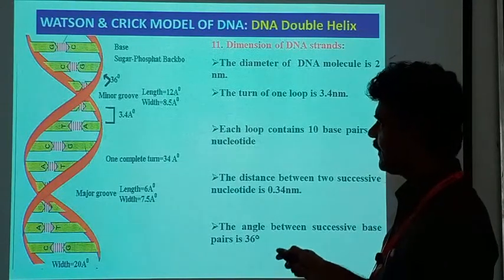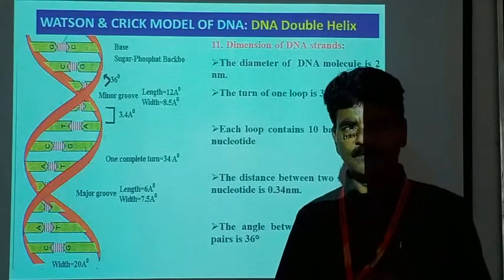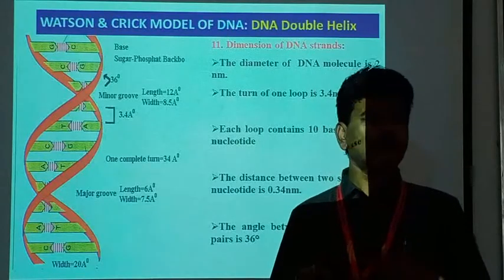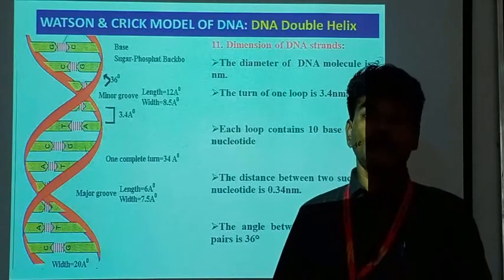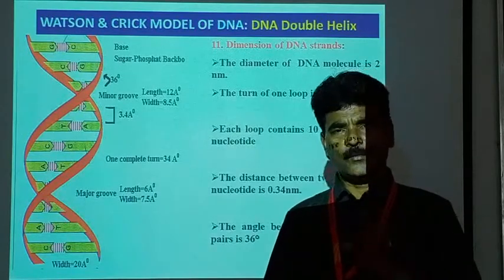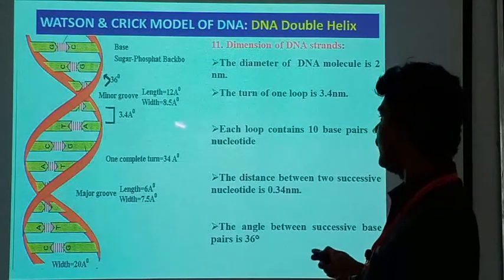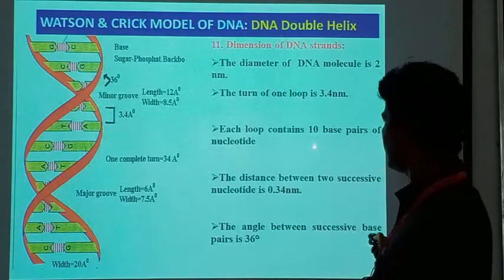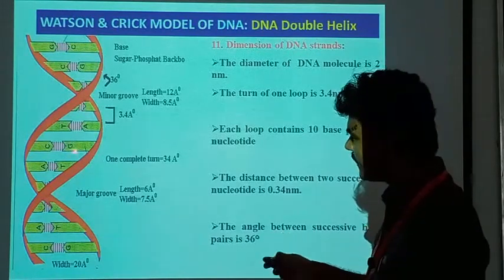We know these bases are adenine, thymine, guanine and cytosine. What are the nitrogen bases present on the DNA strand? These nitrogen bases were counted by Watson and Crick, and according to them, each loop of the DNA strand consists of 10 base pairs.